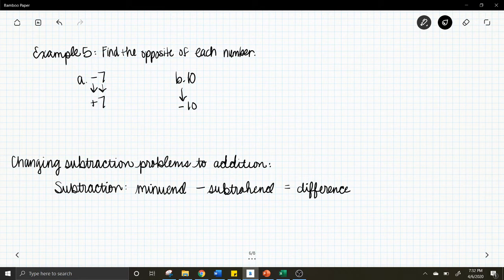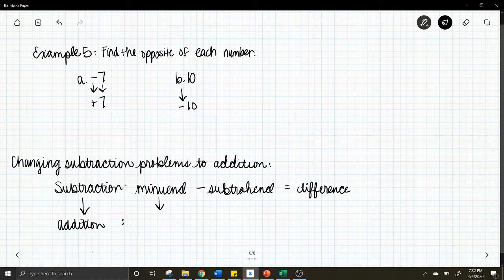Okay, so when you're changing from subtraction to addition, this is what will change. So you might want to write down this little formula, if you will. So changing from subtraction to addition: instead of a minuend, we have an addend. Remember these terms. We change from a minus sign to a plus sign.